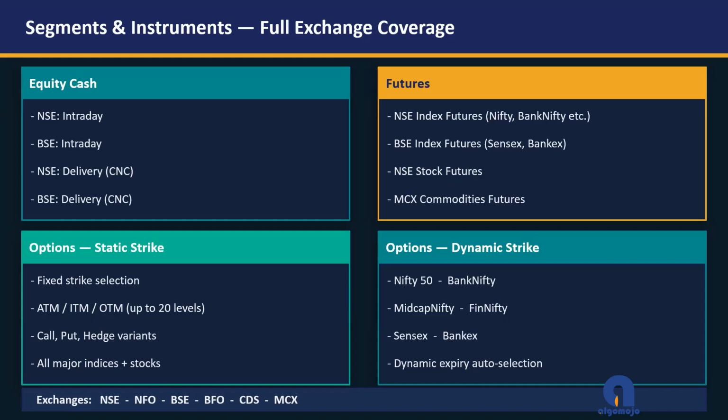Now, in case you are a positional trader and you would like to roll over your positions, you can leave it to Algomojo to roll over your open positions. On a set date and time, it can close the existing contract and take up the new contract as per your requirement. For example, you may want to roll over a futures position in a stock 5 days before the expiry, because that is when the margin increase comes up.